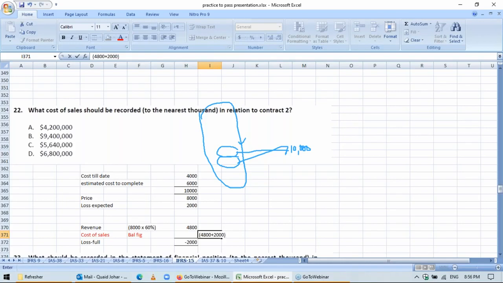A loss is incurred when the cost exceeds the revenue, so if you need a 2,000 loss, you have to record the cost more by 2,000 than the revenue. 4,800 is the revenue, so I'm recording the cost more by 2,000, which makes 6,800. So 6,800 is the correct answer. The correct answer to this question is D. Expected losses shall be recognized immediately.